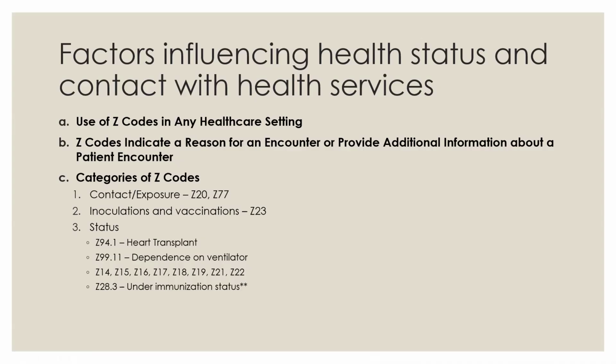Z18 is for retained foreign body fragments. Z19 is for hormone sensitivity malignancy status. Z21, which we previously covered in the HIV chapter, is for asymptomatic HIV infection status. This code indicates that a patient has tested positive for HIV but has manifested no signs or symptoms of the disease.